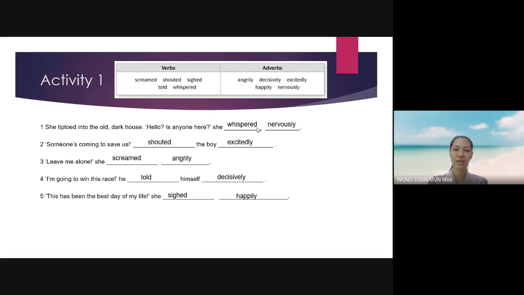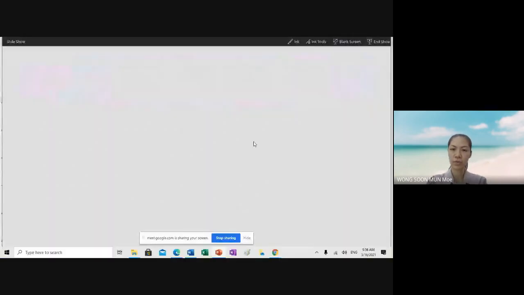You can change it according to the situation. Like just now, for number 5, if you don't want to use sigh, you say she shouted excitedly. This could be a possible answer as well. Now I want to proceed to activity 2.